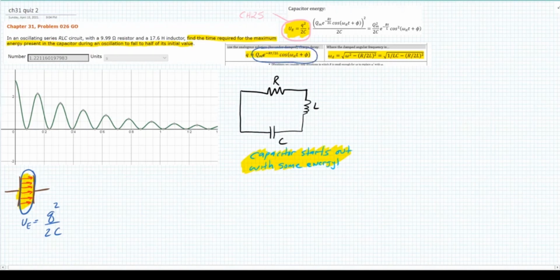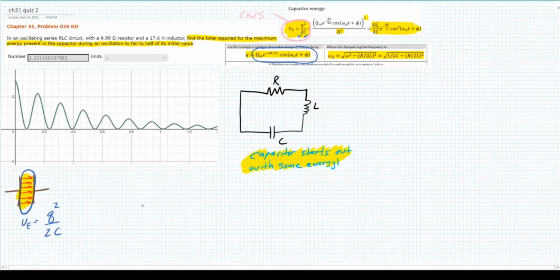So if I square this nasty looking term and then divide by 2C, well, here I'm doing that right here. I'm squaring this term. So here's me doing the heavy lifting. I'm squaring this term, dividing by 2C, and this is what I end up with.